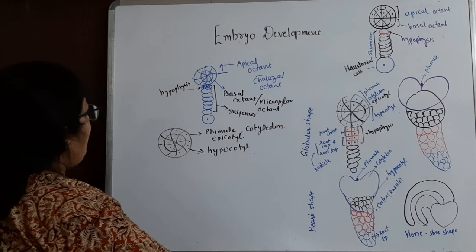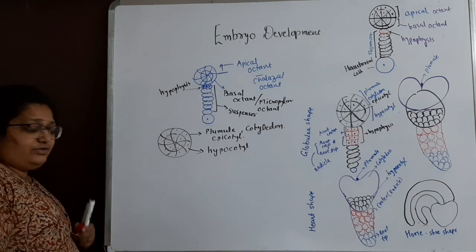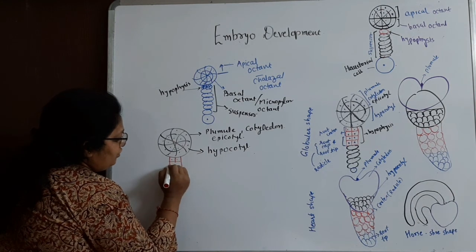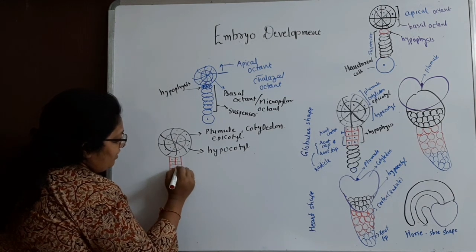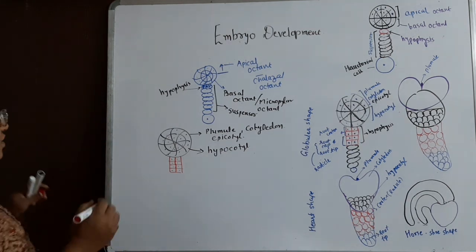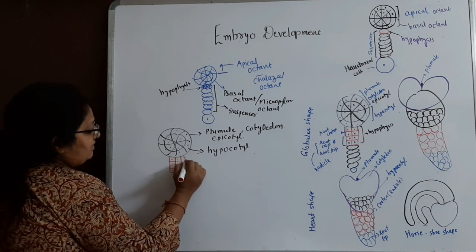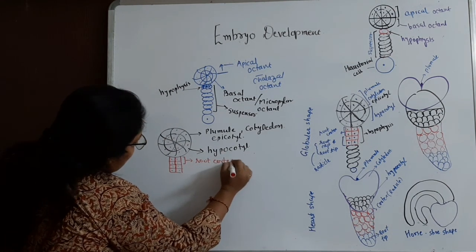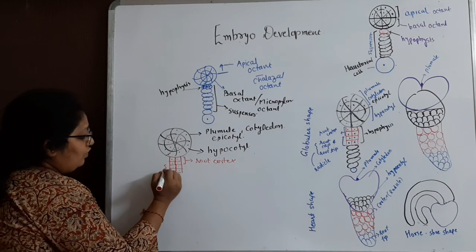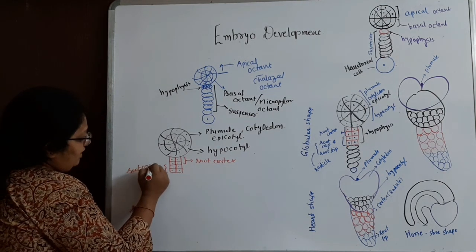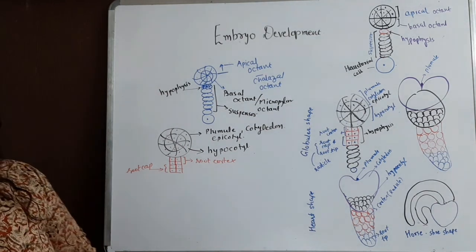Second thing, the hypophysis divides and mostly it forms 8 cells. 1 2 3 4 5 6 7 8, right? From them, the upper cells form the root cortex and the lower 4 produce the root cap. Got it?